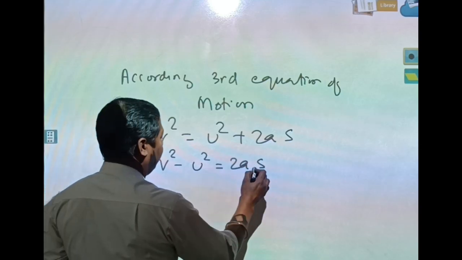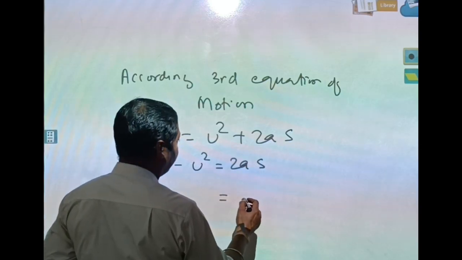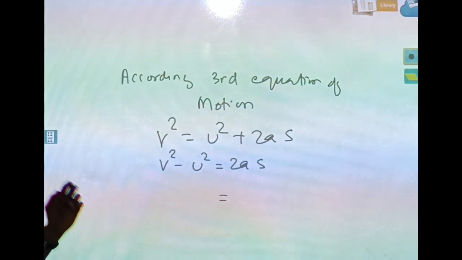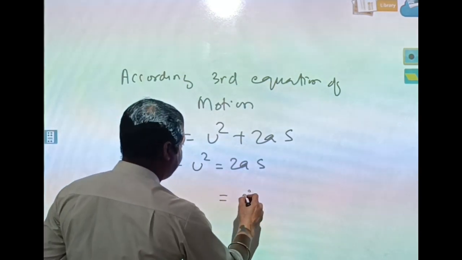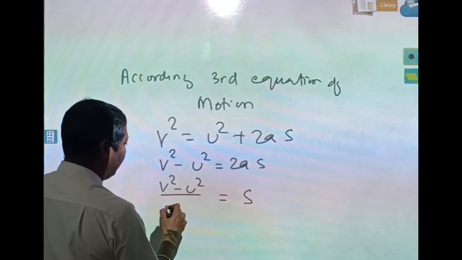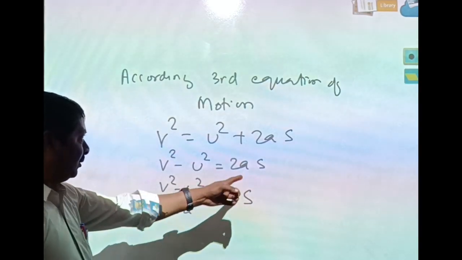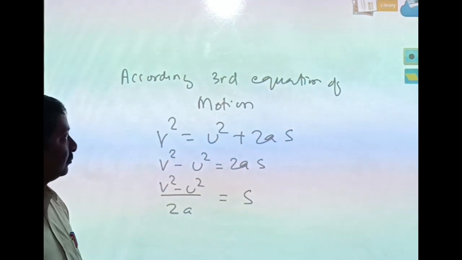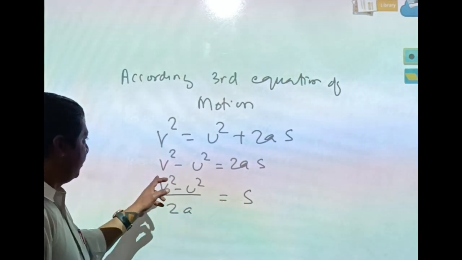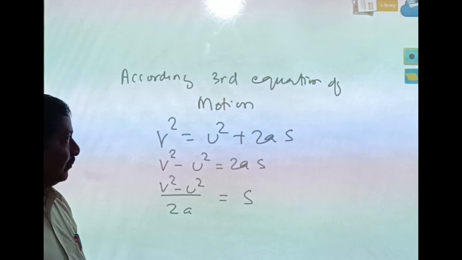Suppose I am taking this a. If s is to be calculated, the value of s is v square minus u square by 2a.